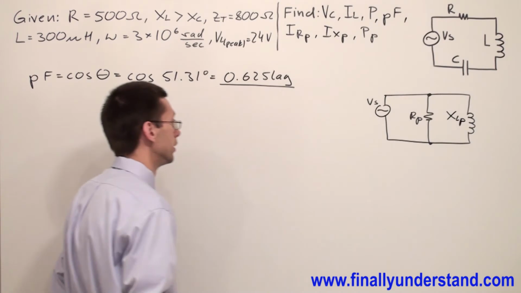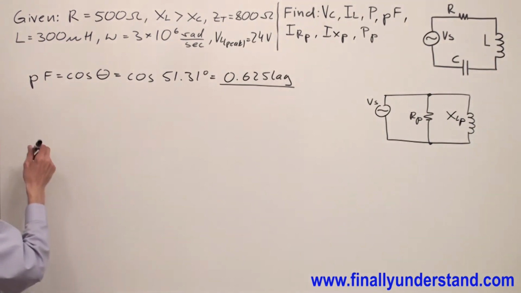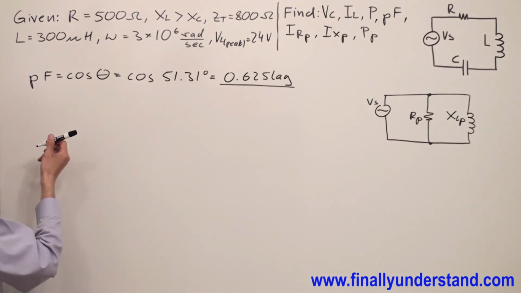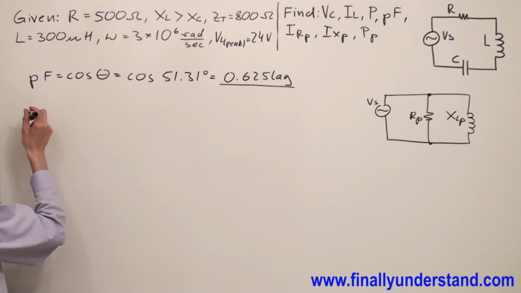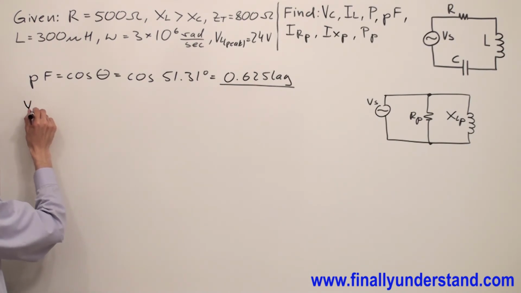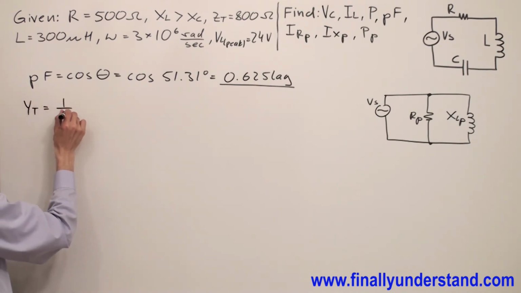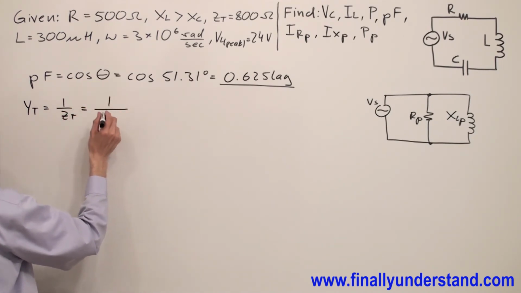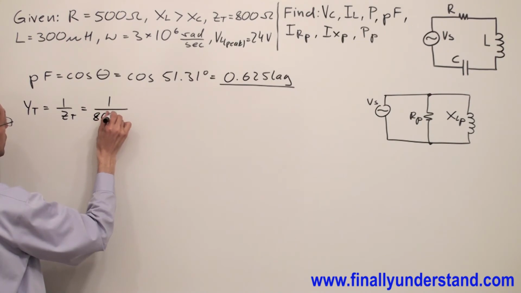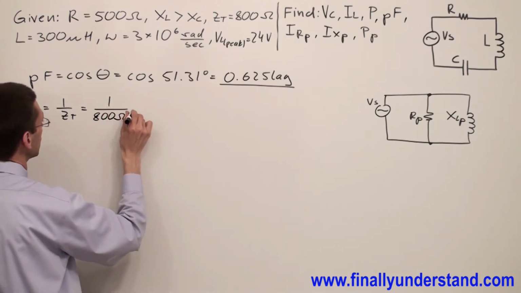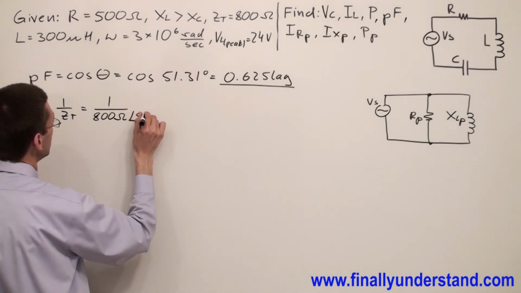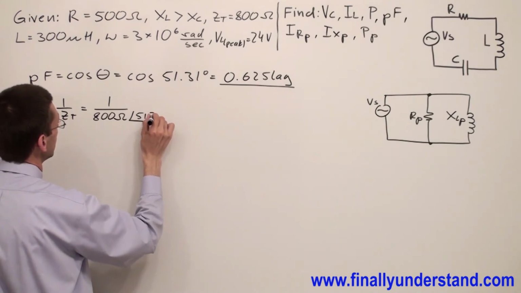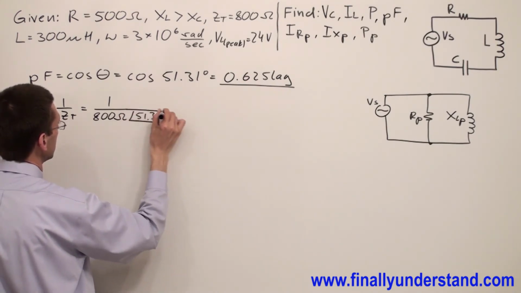Okay. So in order to find the current, I'm supposed to find first the total admittance. So Y total is equal 1 over Z total. So I have 1 over 800 ohms and angle of 51.31 degrees.